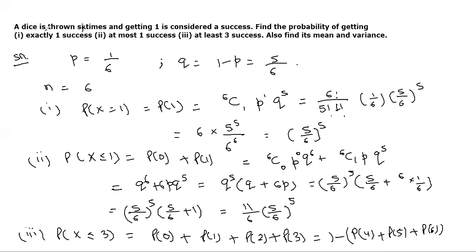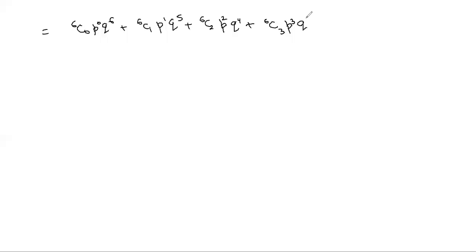So the required probability will be 6C0 p raised to power 0 q raised to power 6 plus 6C1 p raised to power 1 q raised to power 5 plus 6C2 p raised to power 2 q raised to power 4 plus 6C3 p raised to power 3 q raised to power 3.